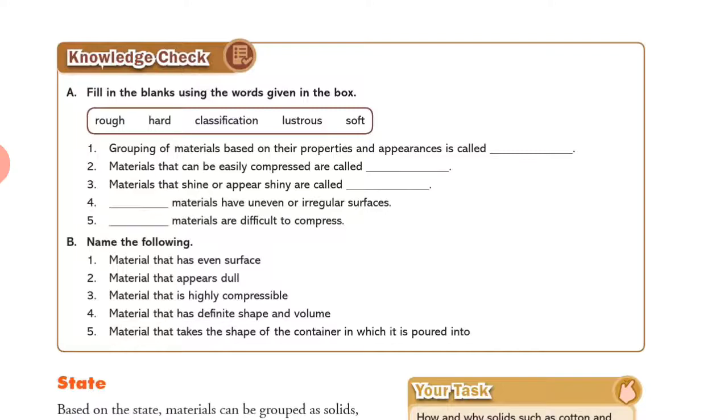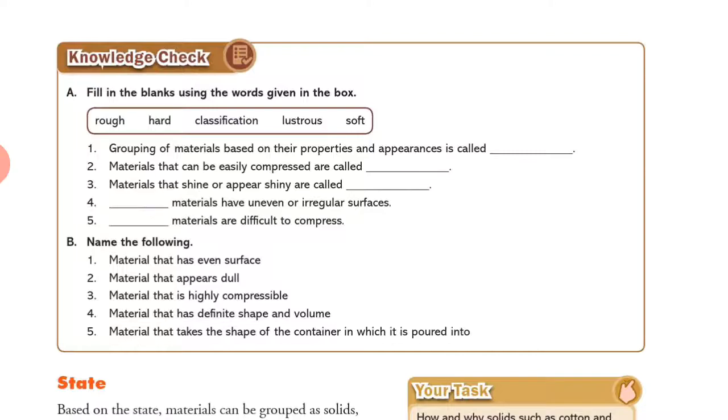For example, teddy bear. Material that has definite shape and volume. They will be solid materials. Got it? Solid materials. Next is materials that take the shape of the container in which they are poured. They are called liquid materials. Got it?